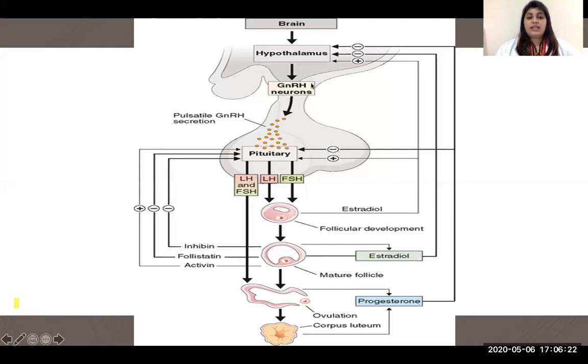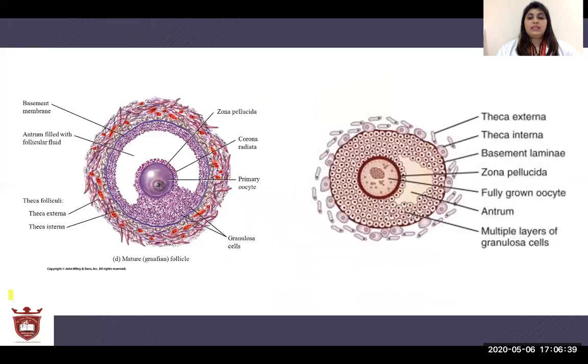As GnRH is released, sometimes more or sometimes less after puberty, the ovarian follicle is controlled by LH and FSH. Each ovarian follicle consists of theca externa, primary oocytes, granulosa cells, and theca cells. Theca cells are theca externa and theca interna.